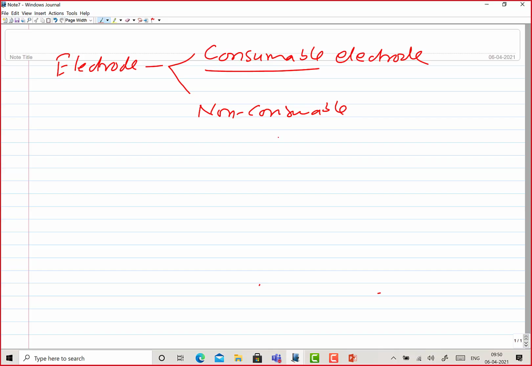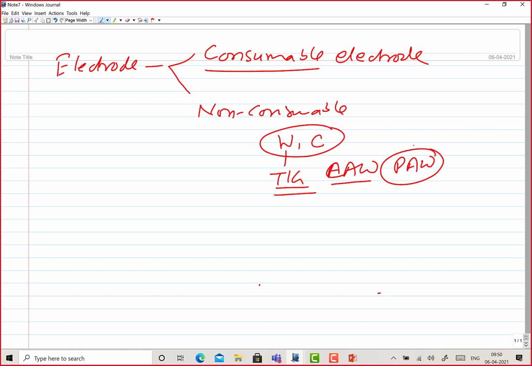The processes which use tungsten or carbon, so the TIG process or carbon arc welding, and even plasma welding, use non-consumable electrodes.